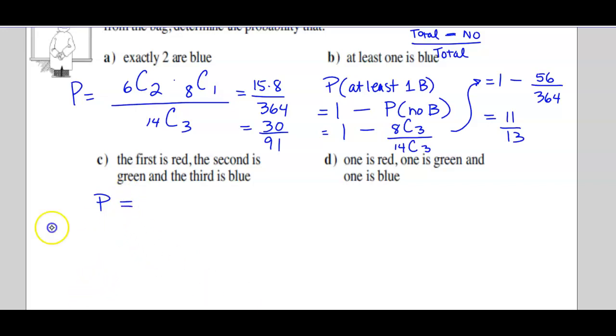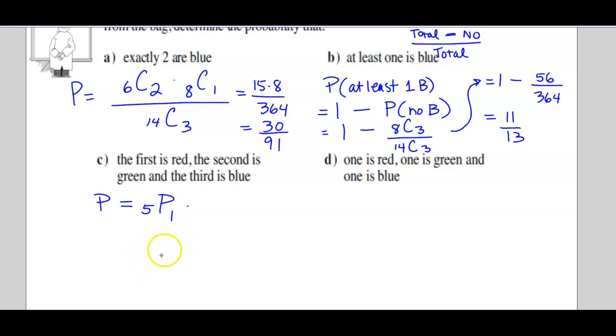Okay, there are 5 red. Now, if you use P for order, that's fine. Okay, using C here, it has the same value, right? So 5P1 is the same as 5C1. So if you did it either one, you would still get the same value.